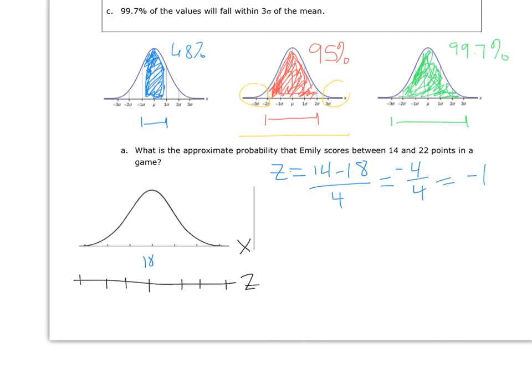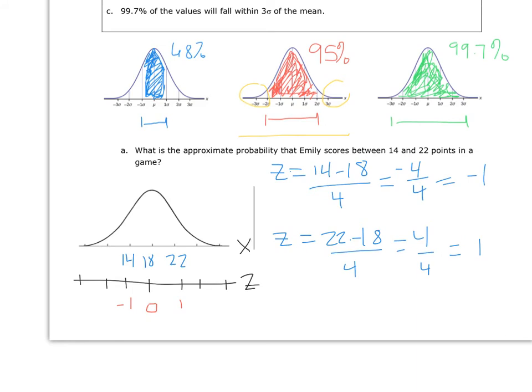If we want to relate that to the z here, you've got negative 1, so 14 is right here. And do the same thing for 22. Here we have a positive 4 over 4, so we get a positive 1. So a z-score of 1 relates to an x value of 22.